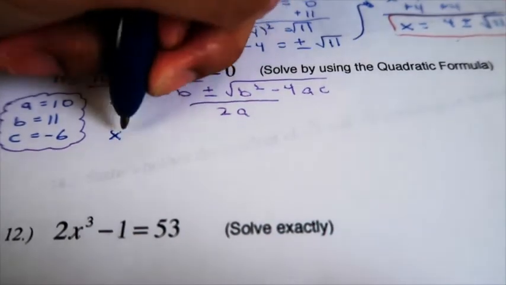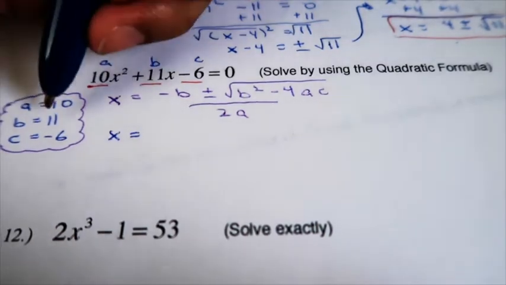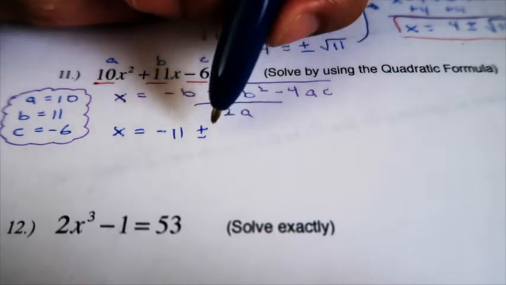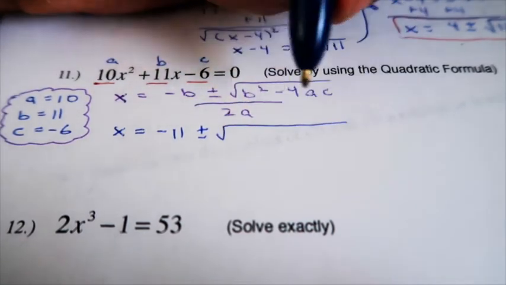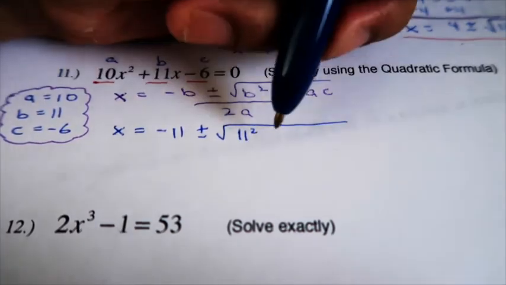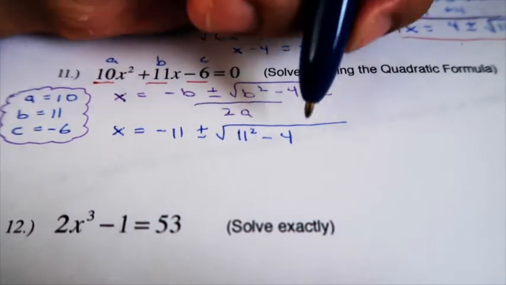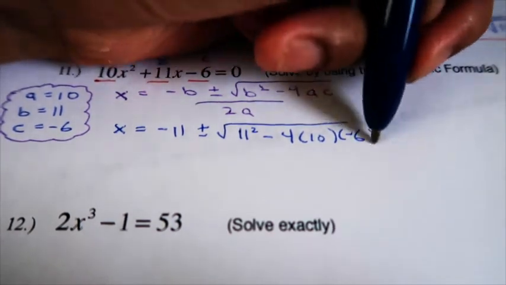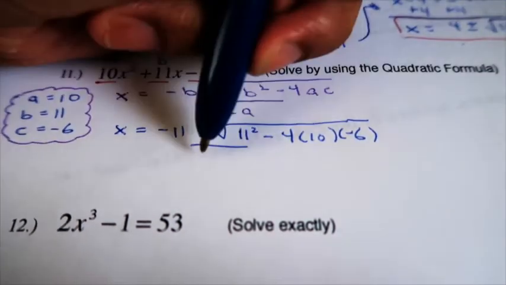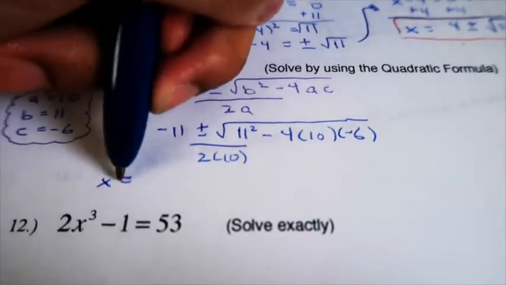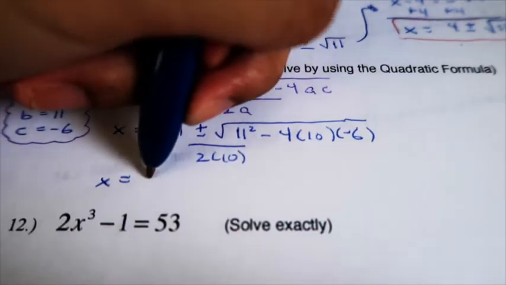Now we have x equals −11, that's our b, plus or minus the square root of 11² − 4 times a, which is 10, and c, which is negative 6, over 2 times a, which is 10. Now let's reduce this.